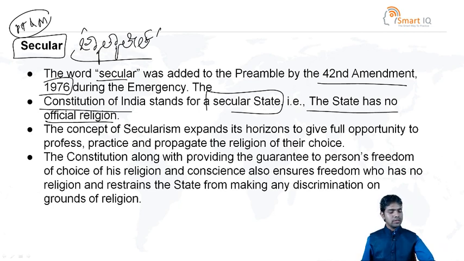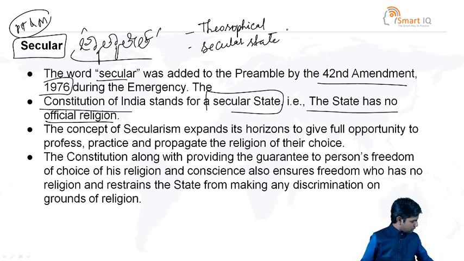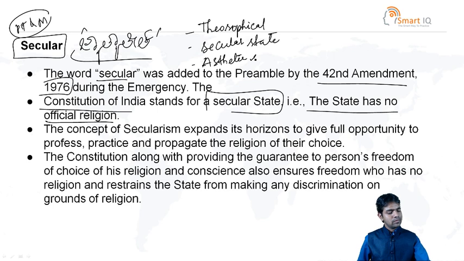So basically you know that in a democratic country or other countries, there are three kinds of states: the theosophical state, the secular state, and the atheistic state.